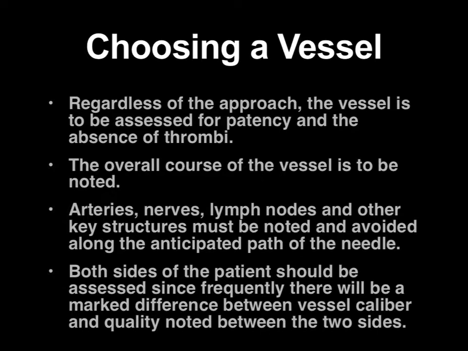You want to be able to look at adjacent arteries, nerves, lymph nodes, and other key structures and make sure that they are not going to be in the anticipated path of the needle. And you have to remember that anytime you perform a procedure, there's always a risk, even with ultrasound, to double wall the vessel. So you have to accept potentially hitting what's on either side of the target vessel.